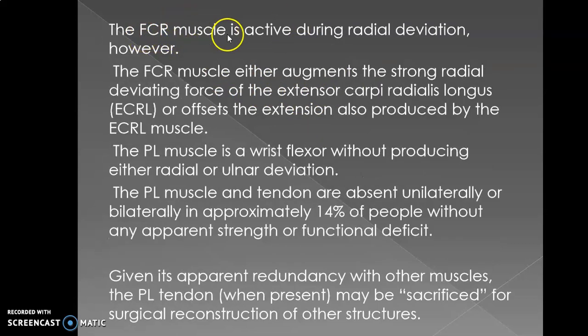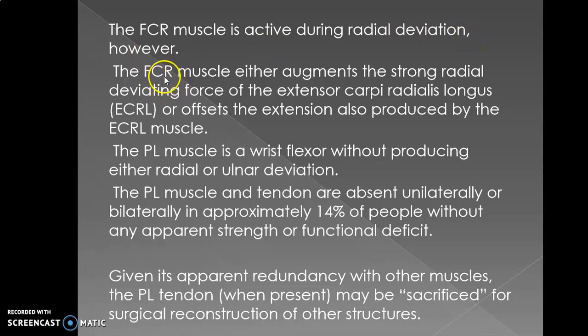The flexor carpi radialis muscle is active during radial deviation. You understood the name: flexor of the carpi, meaning the wrist, on the radial side, radialis. Radialis means radial deviation.